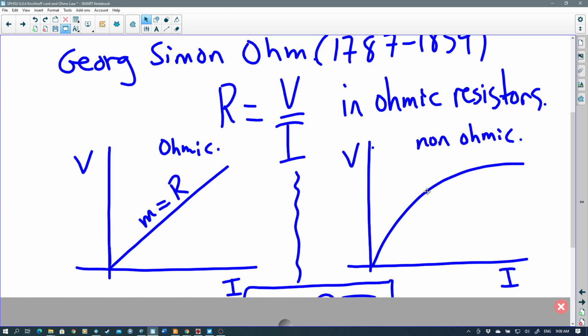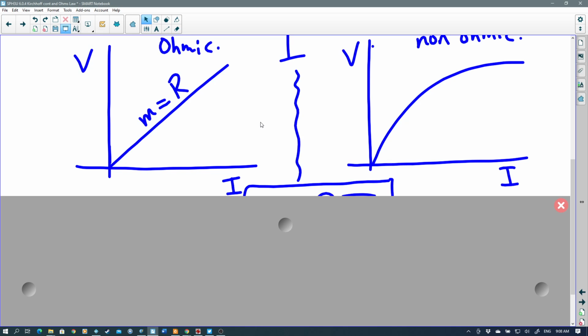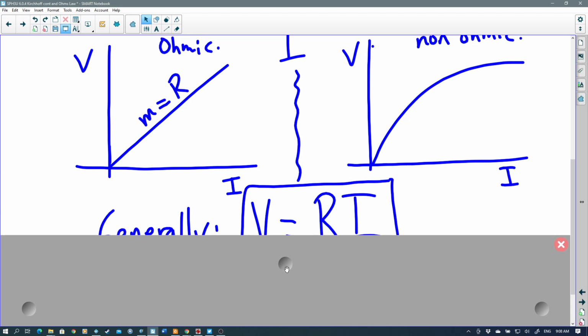Temperature changes resistance. So you'll get this curved effect here, which will change your answers in your lab, and then your numbers don't make sense too much anymore. So there's a difference between ohmic and non-ohmic resistors. We basically stick to ohmic in grade 11 and mostly through university as well.